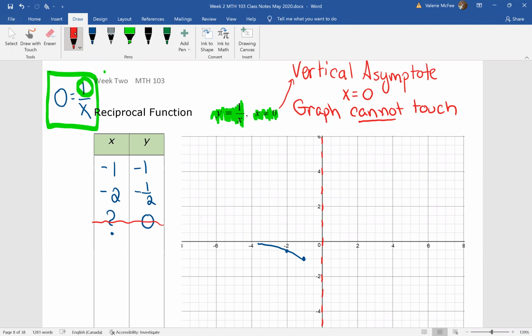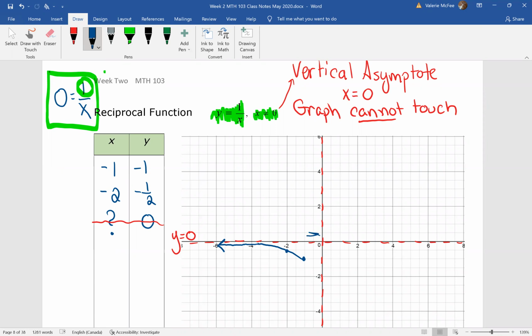So in fact, this gives me a horizontal asymptote at y equals 0. Now it is possible in other graphs to reach 0, but we're not going to for this one. So we see that it's getting closer and closer to 0, but it's not going to touch.